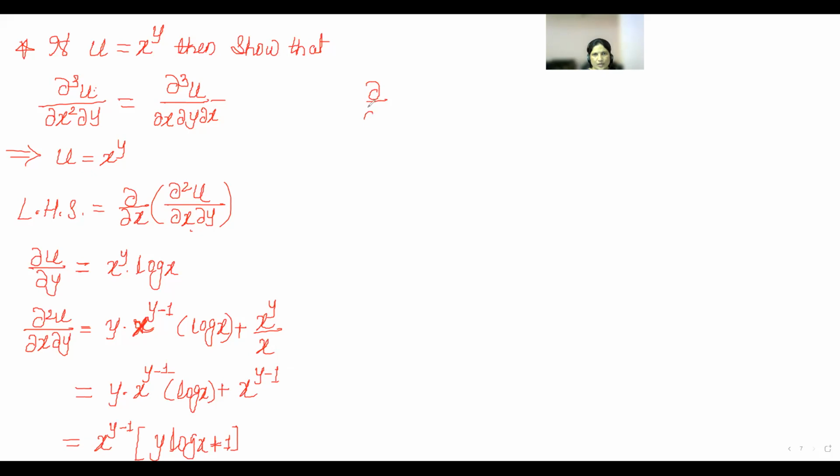So dou by dou x of dou 2u by dou x dou y is equal to the derivative of the given function, that is x raised to y minus 1 in bracket y into log x plus 1, with respect to x. Here y remains constant, and you have to apply the u into v rule. Take one function at a time: the second constant and the derivative of the first.